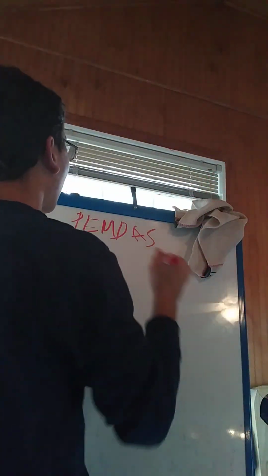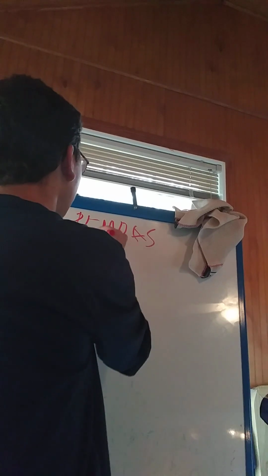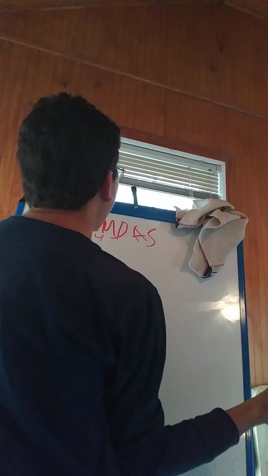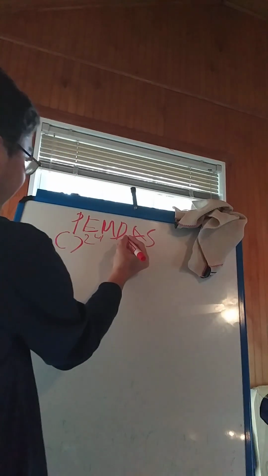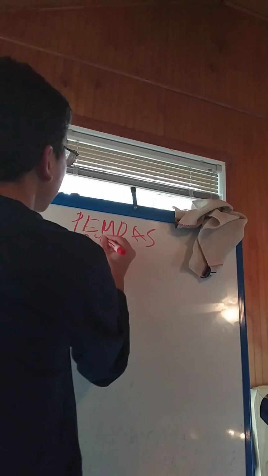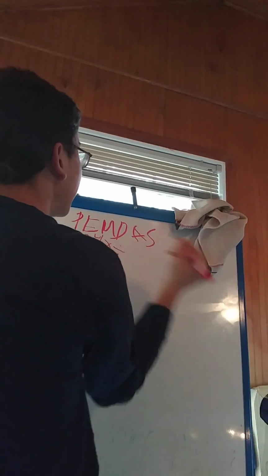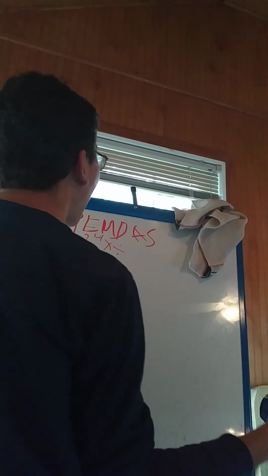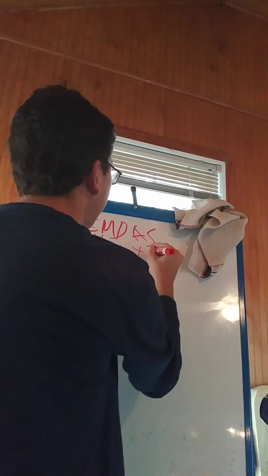E stands for exponents, so say, 2 to the 4th power. M and D: M is multiply, D is division. A and S: add, subtract.